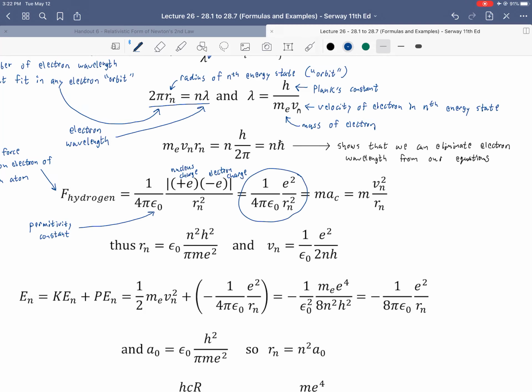Now, here's the thing. Since this is the only external force acting on the electron, but the electron definitely is not at rest, it's accelerating, Newton's second law tells us that this single external force must be equal to mass times acceleration. And here, the only acceleration is centripetal acceleration. So this is just Newton's second law, that's the equal sign here, F net equals m a, and a c is just centripetal acceleration.